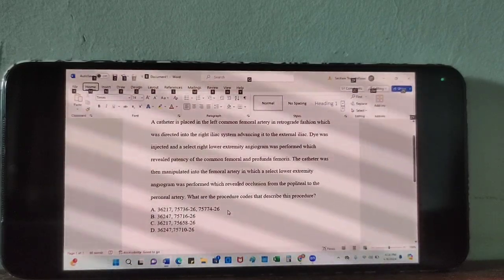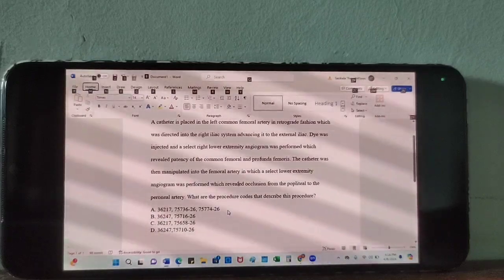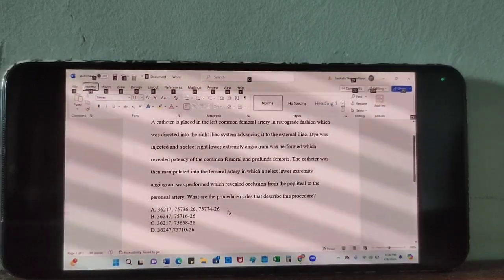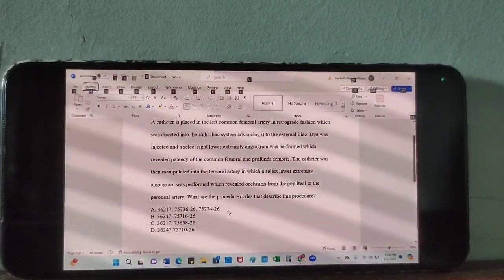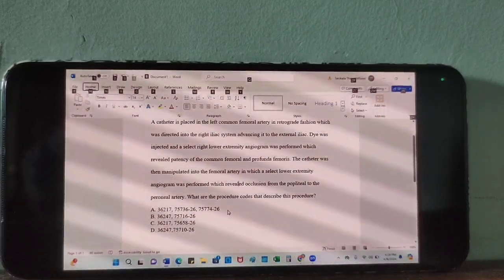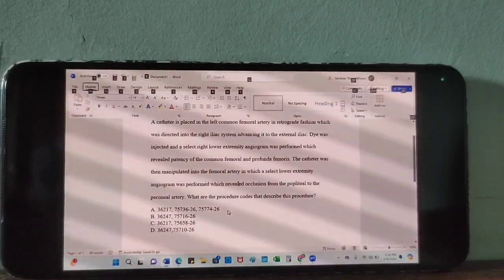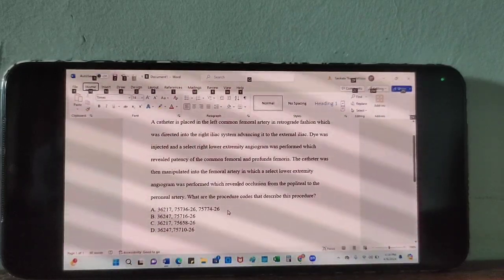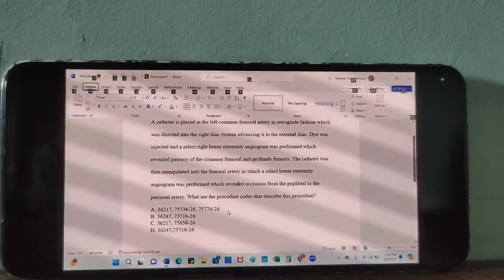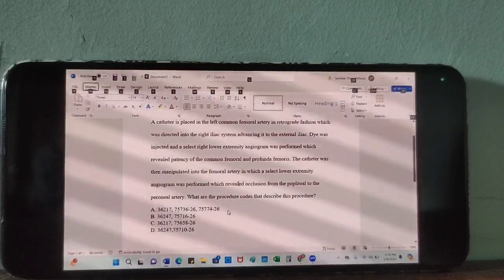External iliac, so lower extremity. So you have to check under the superficial femoral, which comes under the third order. I can't show this page.